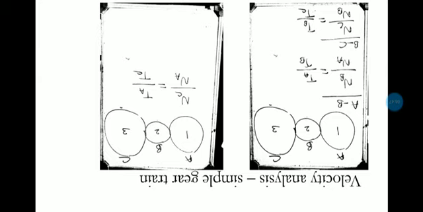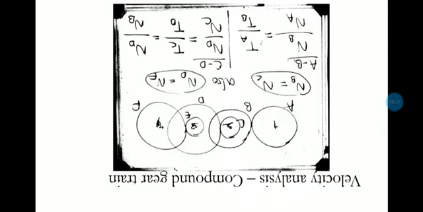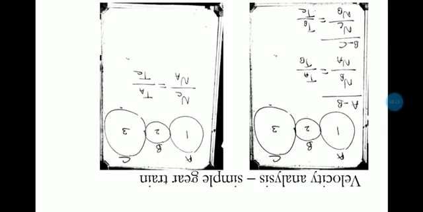Next is velocity analysis of different gear trains. First, consider a simple gear train. I have drawn a train A, B, C. There are 3 gears, one on each shaft 1, 2, and 3. Now consider A and B in mesh.